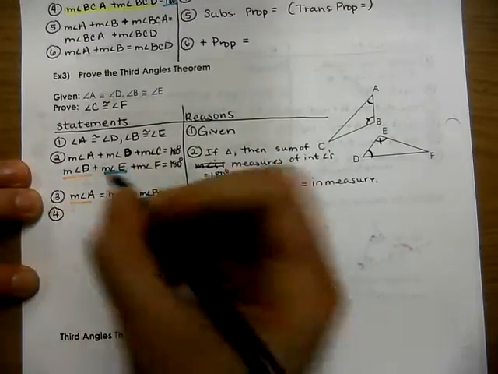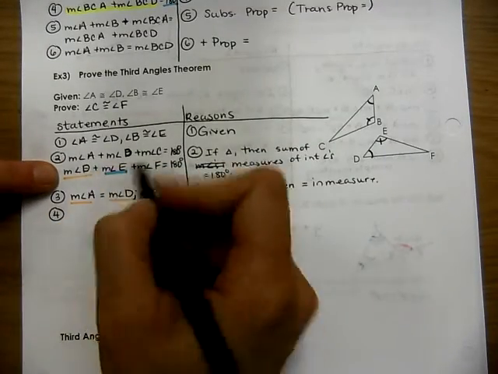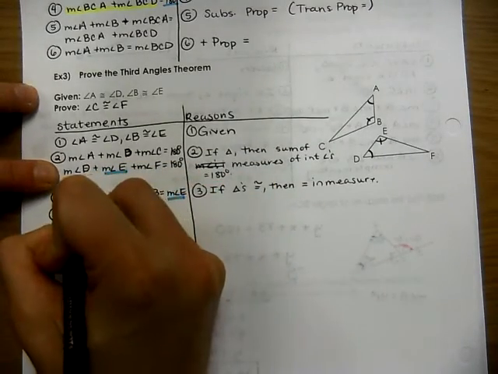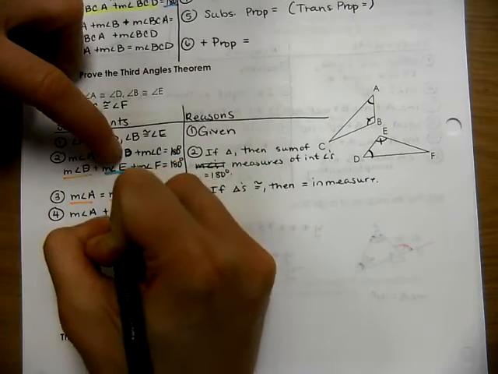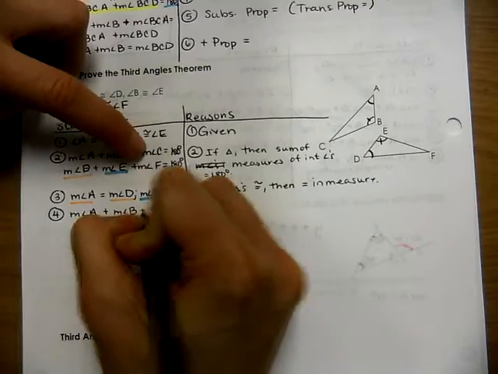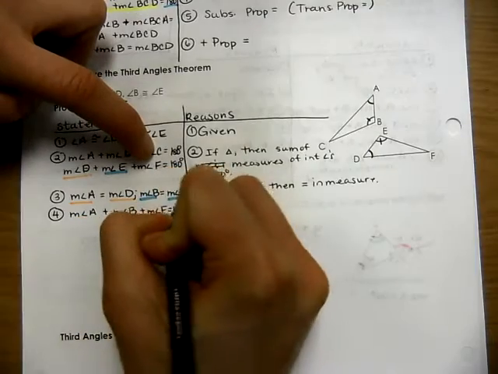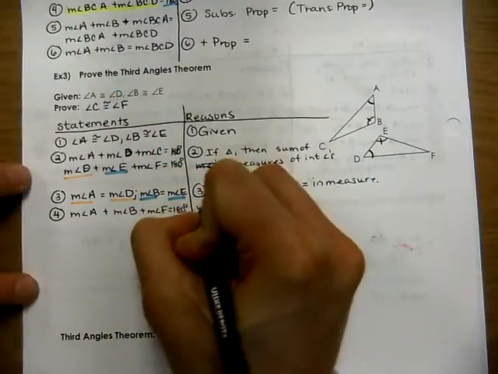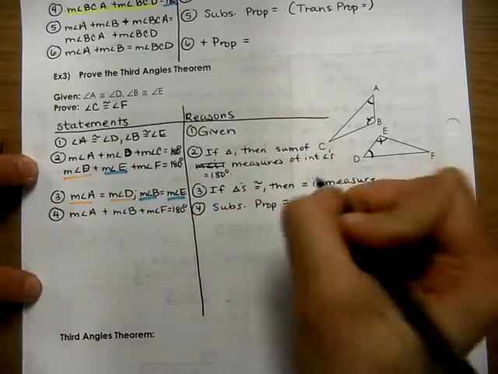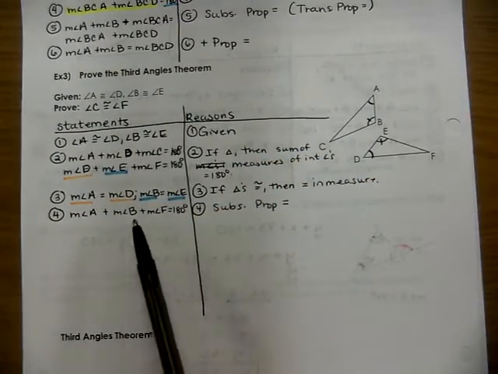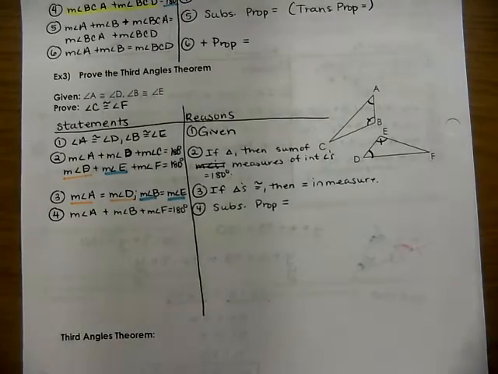So step 4, I'm going to take that equation that I used to have and I'll say measure of angle A plus measure of angle B plus measure of angle F equals 180 degrees. That was using the substitution property of equality.